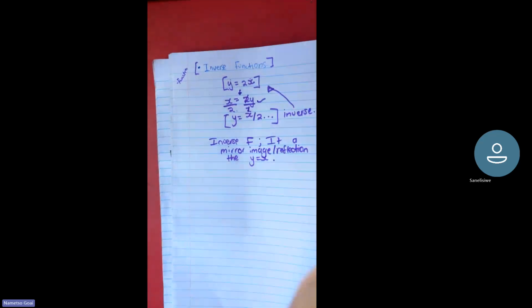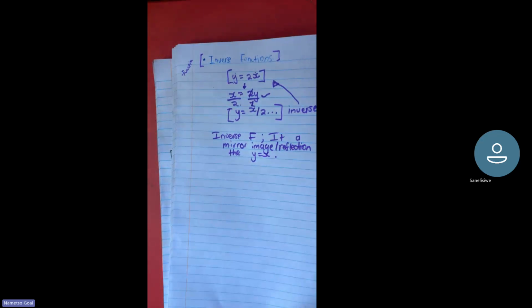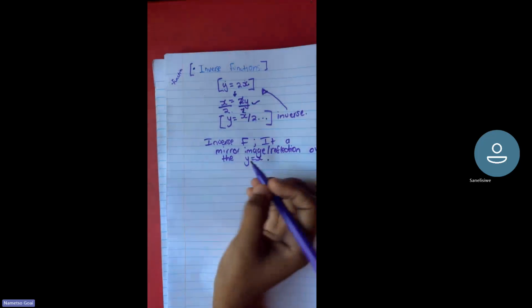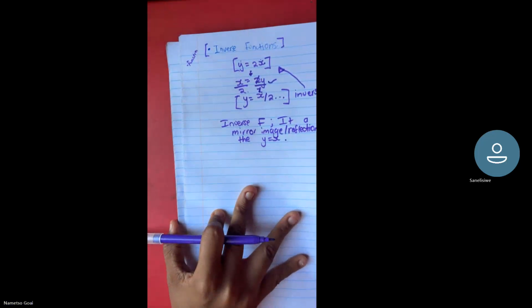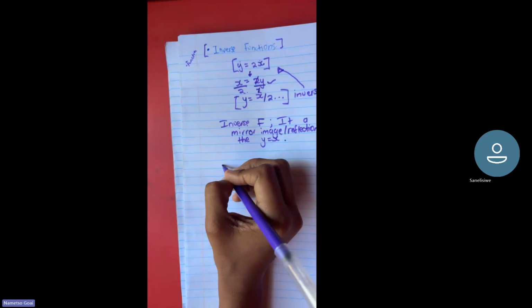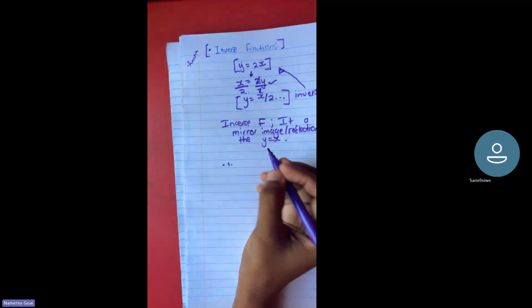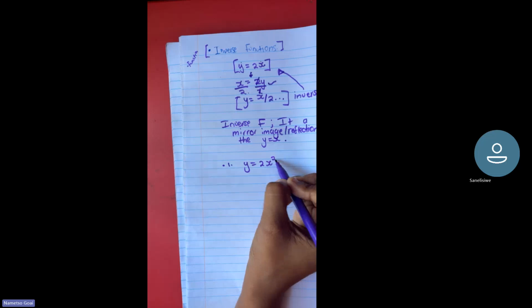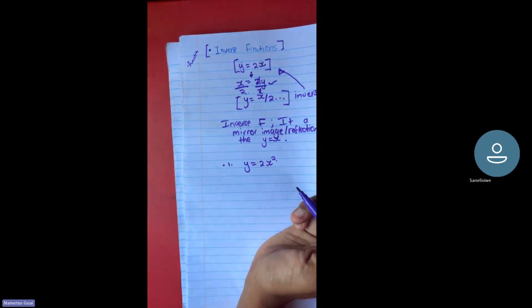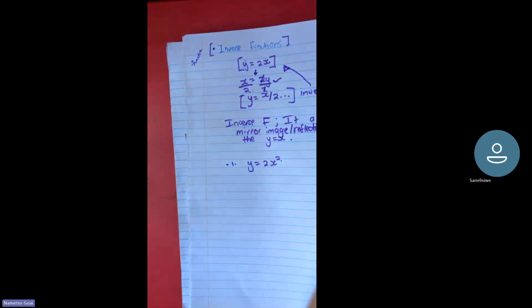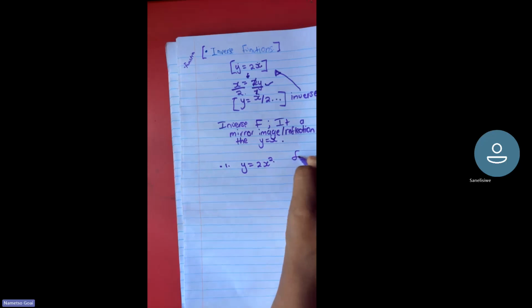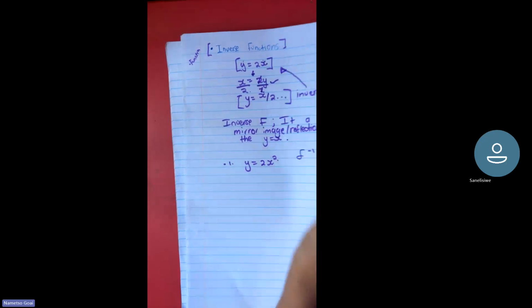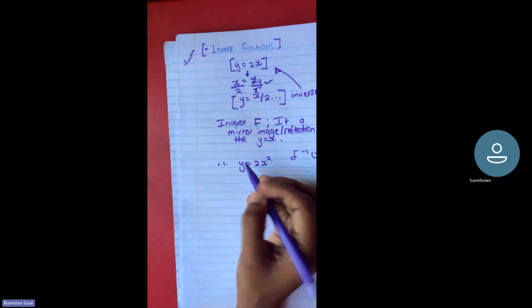Okay, fine. Let's say we have a function, let's name it 1, and it's y equals 2x raised to the power 2. If you're trying to get the inverse, we have to swap their positions.